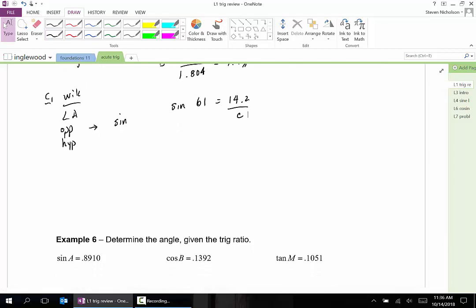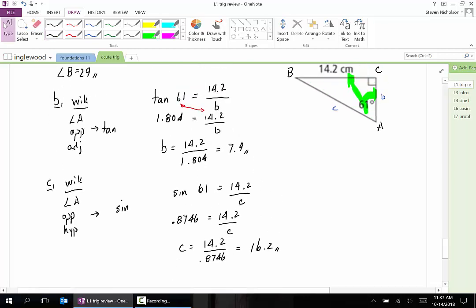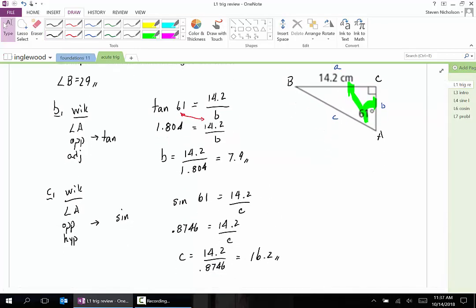I don't like sine 61, so I'm going to punch that into my calculator and get the general ratio, and we're going to use that general ratio to solve this particular triangle. When the unknown is the bottom, we interchange the bottom with the ratio, and we use our calculator, and we get 16.2 units, in this case centimeters, which absolutely makes sense, as we said.